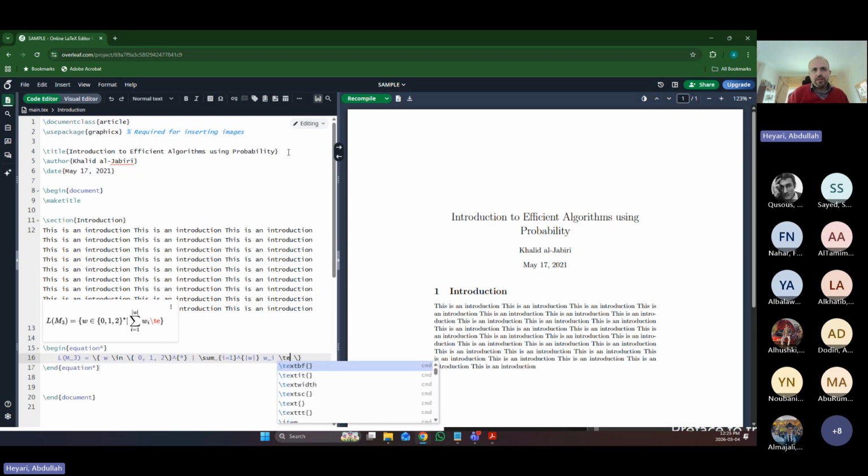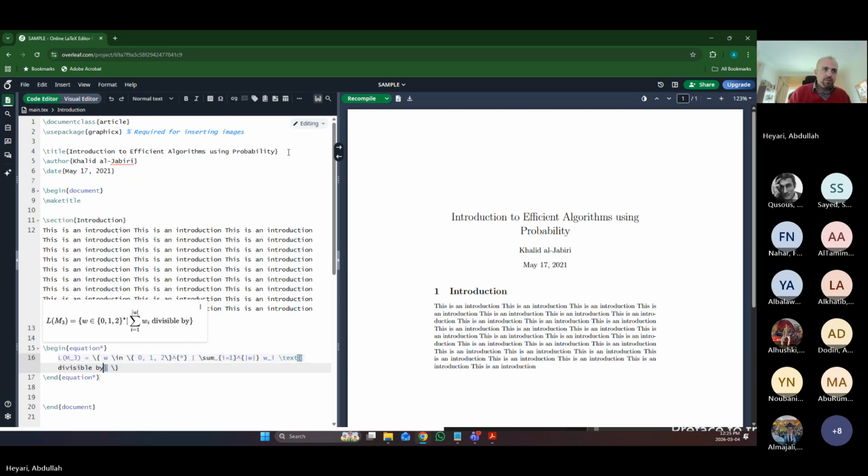I mean, you can write text like that, divisible by 3.